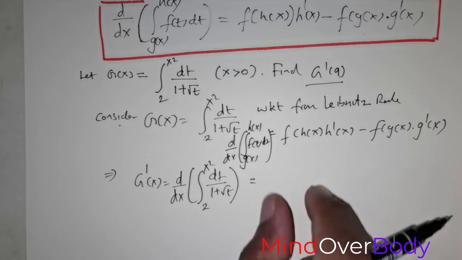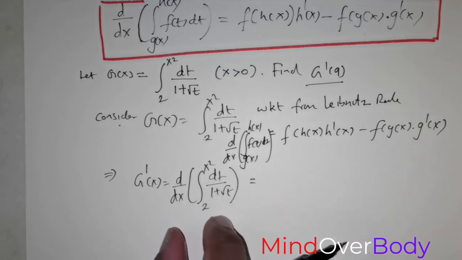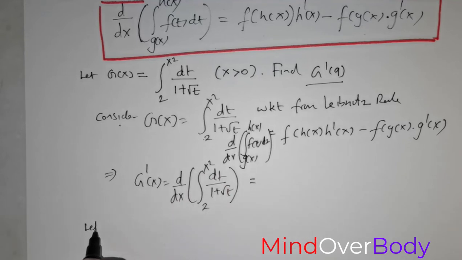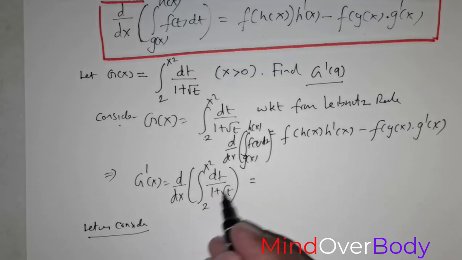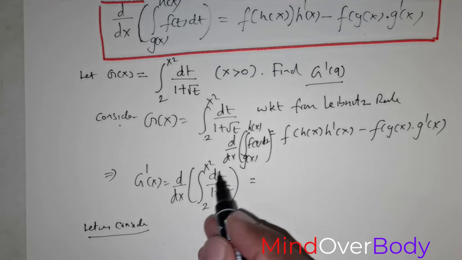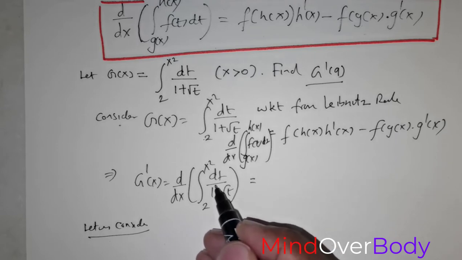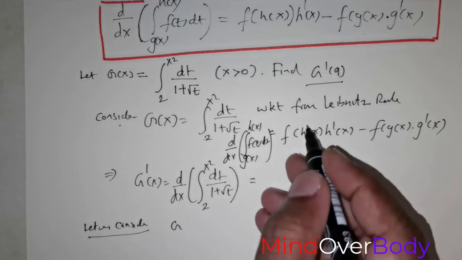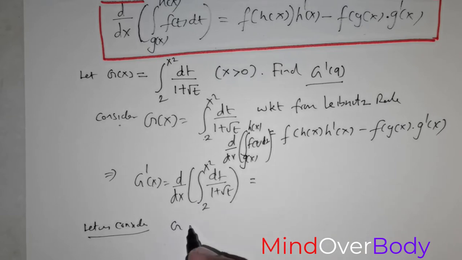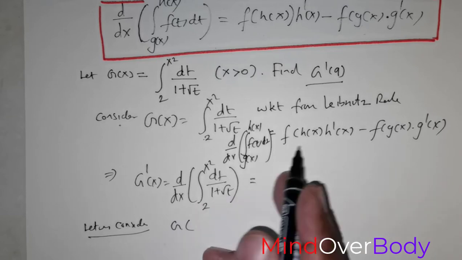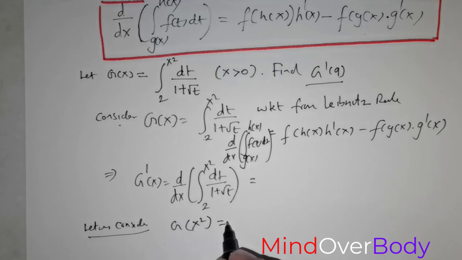So from here, clearly you can see that we need to take the upper limit. So let us consider now this quantity. Now this quantity is nothing but the function of f, right? So in this case we will have to substitute the upper limit. So f of x squared is equal to 1 over 1 plus root of x squared.